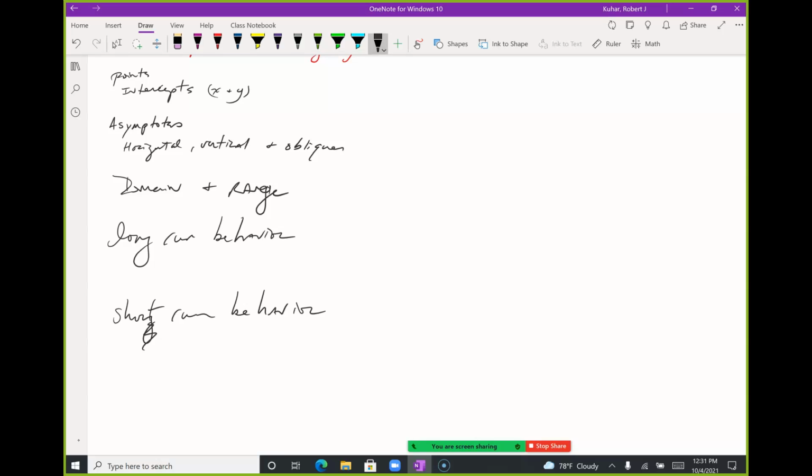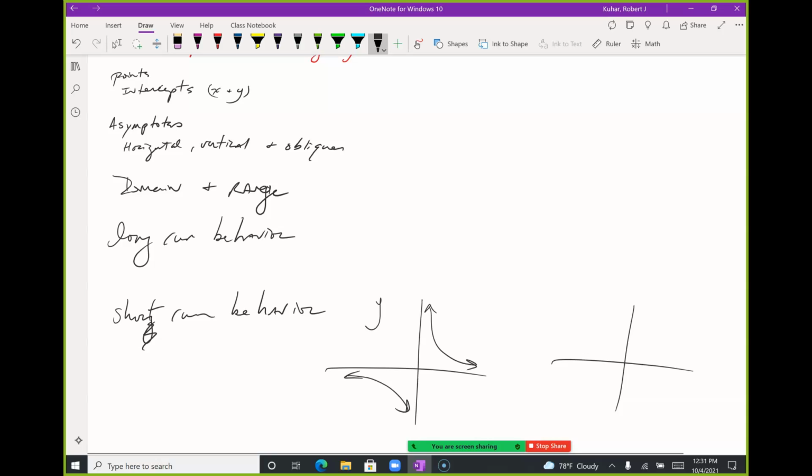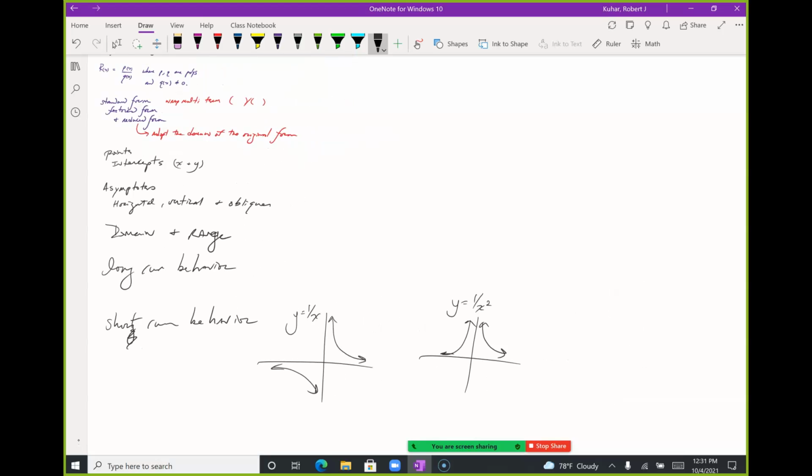I can't remember if my father came up with it or I came up with it, but we want to look at two mother functions. So y equals 1 over x and y equals 1 over x squared. So the short run behavior is going to be related to that.